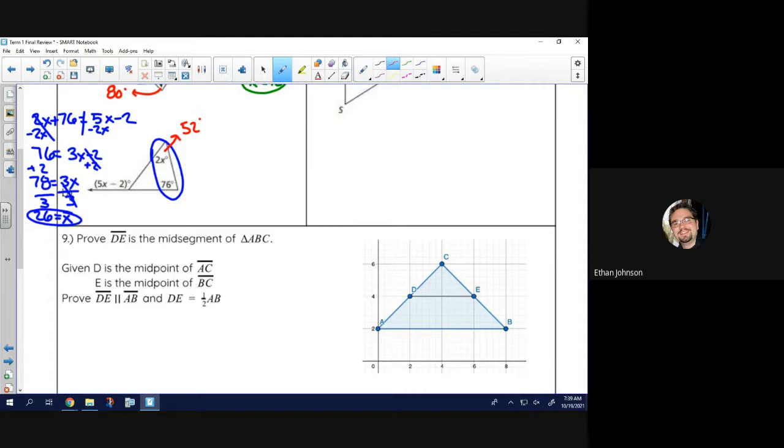I know for the 5x minus 2, so 5 times 26 minus 2, or we could do the 52 plus 76 to get 128. Meaning the angle in here would be supplementary. So we can do 180 minus 128 to get 52 degrees.